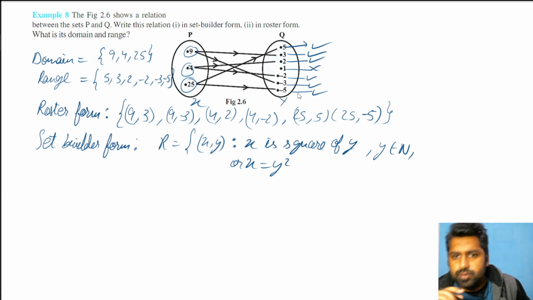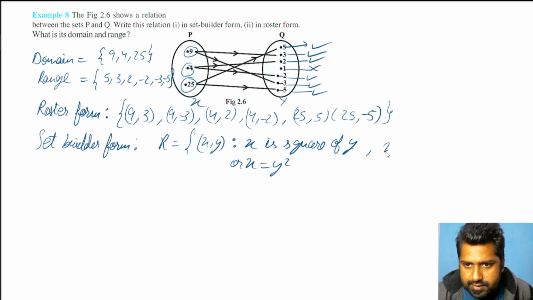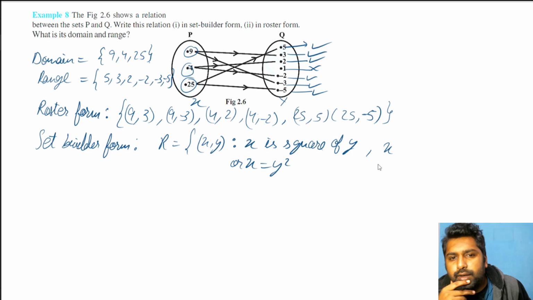Very specific values are there, no? So either you write for y, or we should write in terms of x only. Let's write in terms of x. How can we restrict x? x is only 4, 9, 25. There is no pattern.